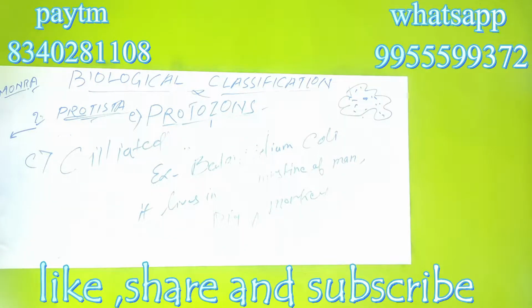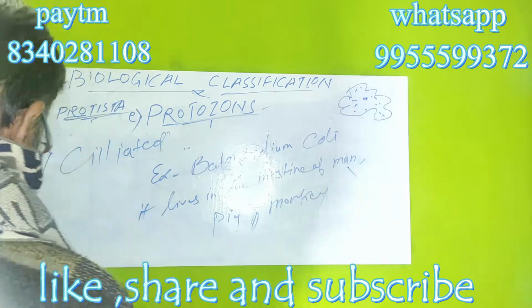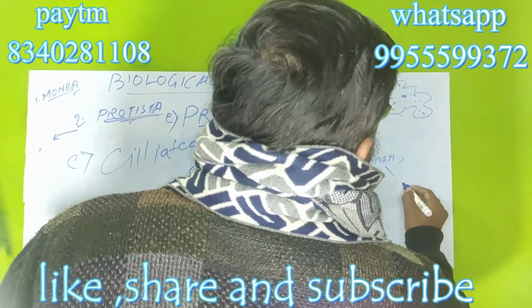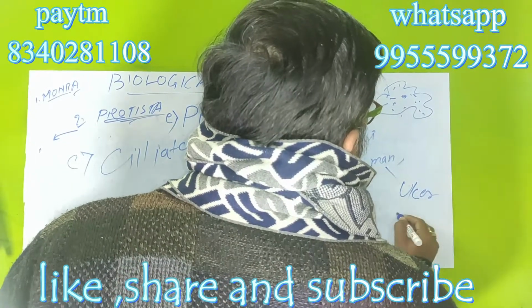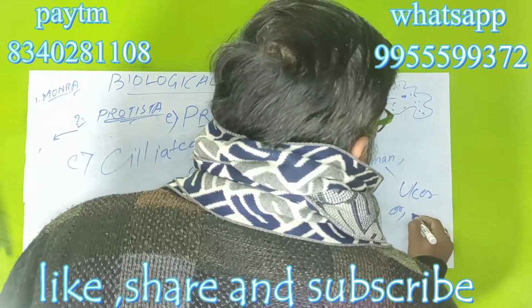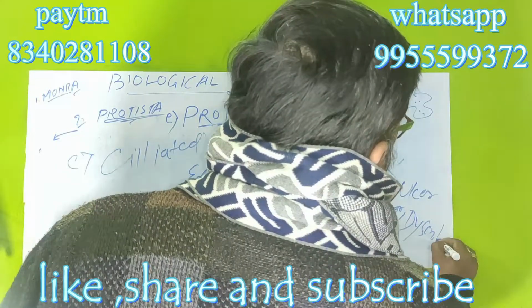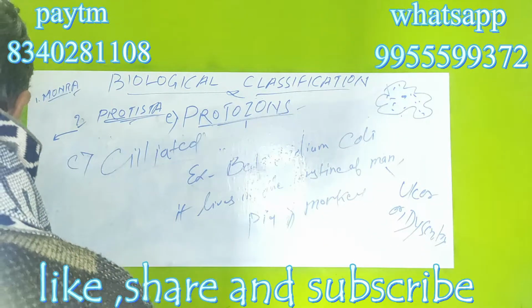So in the ciliated, the example is Balantidium coli, that lives in the intestine of man, monkey, pig, and which causes dysentery and peptic ulcer, that is ulcer in the intestine.